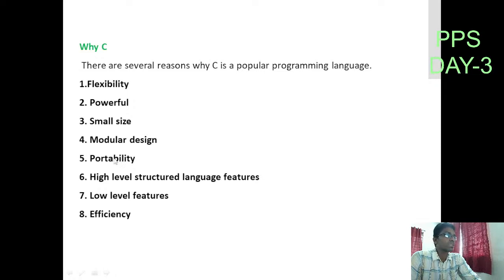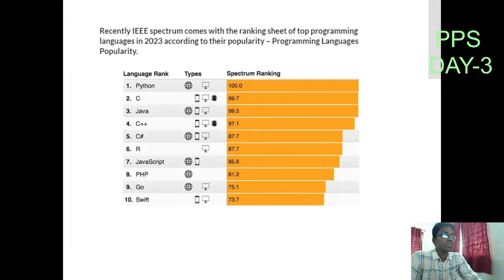So these are the reasons why C programming is popular. According to the IEEE Spectrum, which comes with a ranking sheet of top programming languages in 2023, programming language popularity is like this, with language rank, types and spectrum ranking.